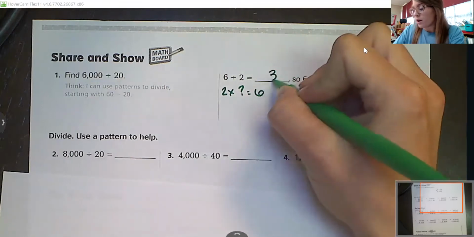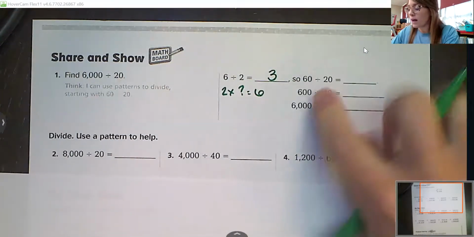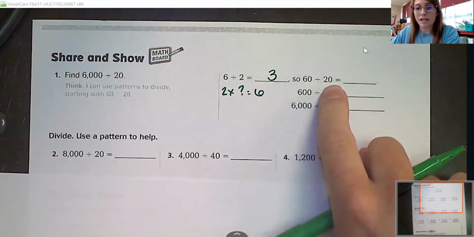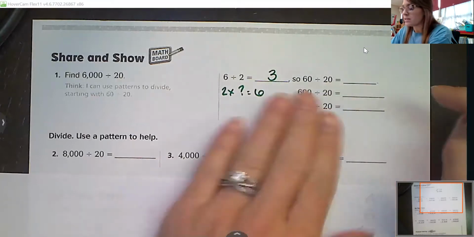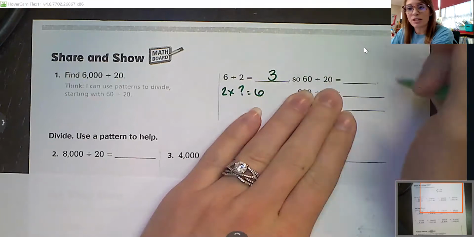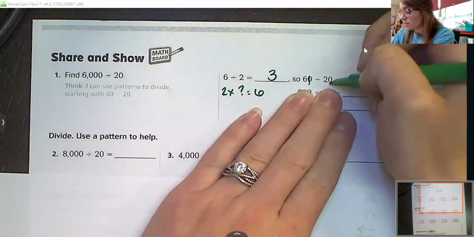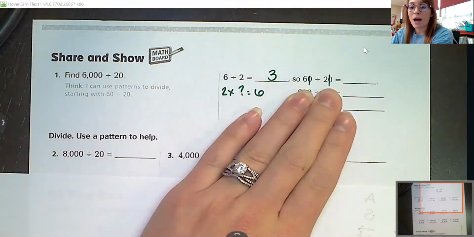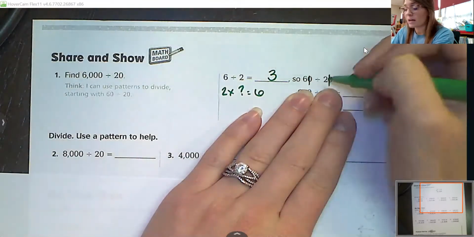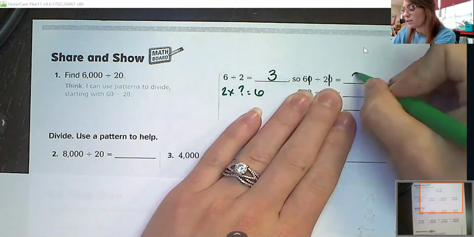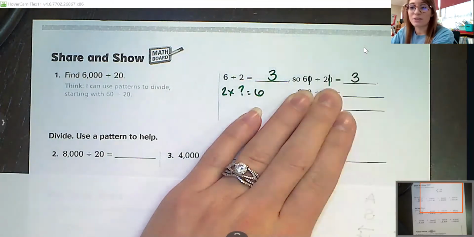Very good. If we've got 60 divided by 20, think of it like this. If you have zeros that match on either side, cross them out. So this 0 matches this 0. So I would just look at it as 6 divided by 2 is 3. There's no leftover zeros that I have to add.